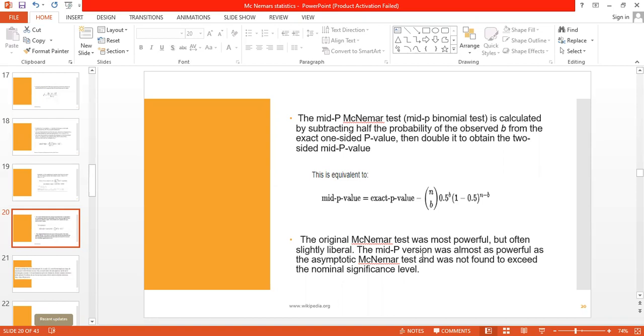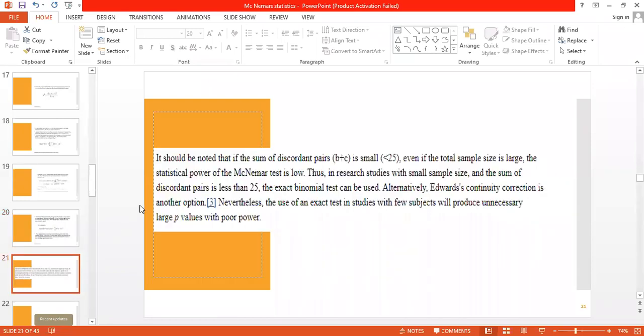The mid-p version was also almost as powerful as the asymptotic McNemar test and was not found to exceed the nominal significance level. It should be noted that if the sum of the discordant pair is smaller than 25, and the total sample size is large, the statistical power of the McNemar test is low. Thus, in research studies with a small sample size and the sum of the discordant pair less than 25, a different version of the McNemar test is used, like the exact binomial test.